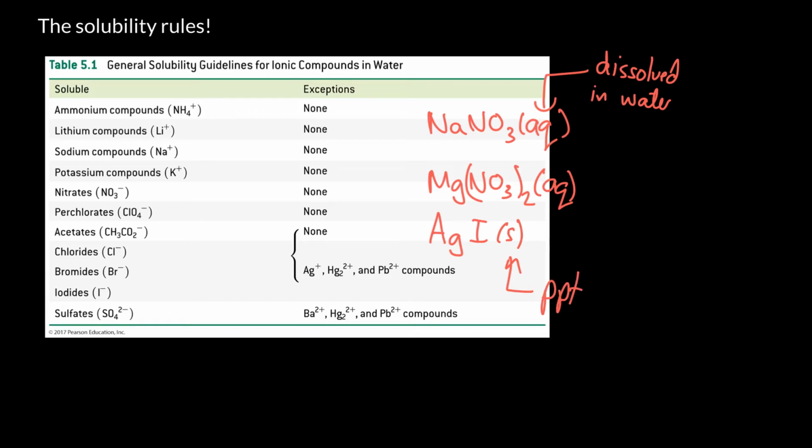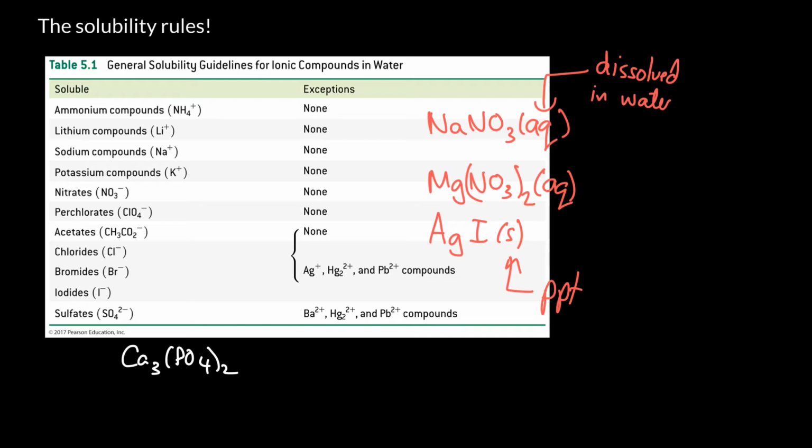S just means it is a solid. Almost all ionic compounds, by the way, are solids, and when they dissolve in water, if they dissolve, we will write AQ. So that is our solubility rule list. And just for practice, here's a couple for you to try. Why don't you tell me if you think they're soluble or not? So for instance, calcium phosphate.